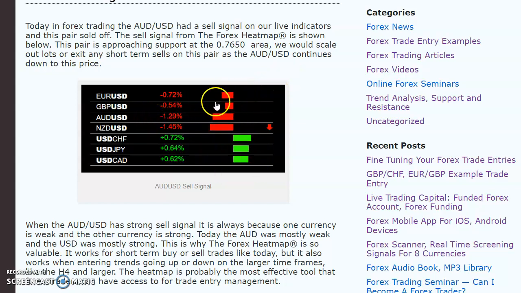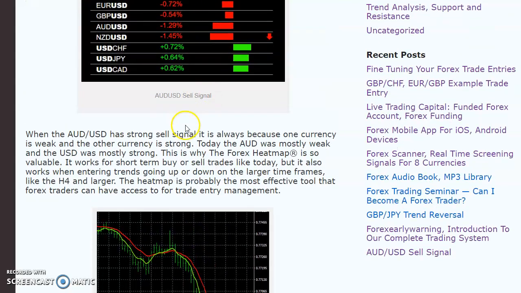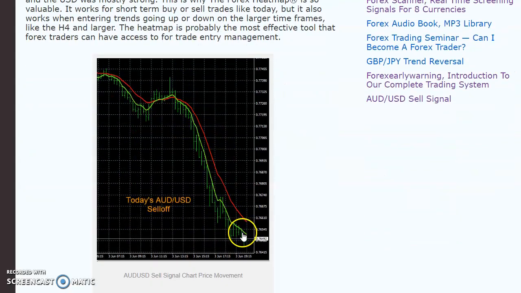So when you get a push alert on the USD pairs or the Aussie dollar pairs, you just go check the Forex heat map, and if you have consistent signals, then you can check the time frames to see if you're getting a good sell-off, and if you want to sell this pair, and you can use the bigger time frames to tell you whether the pair is trending, ranging, or inside of a cluster of support or resistance.